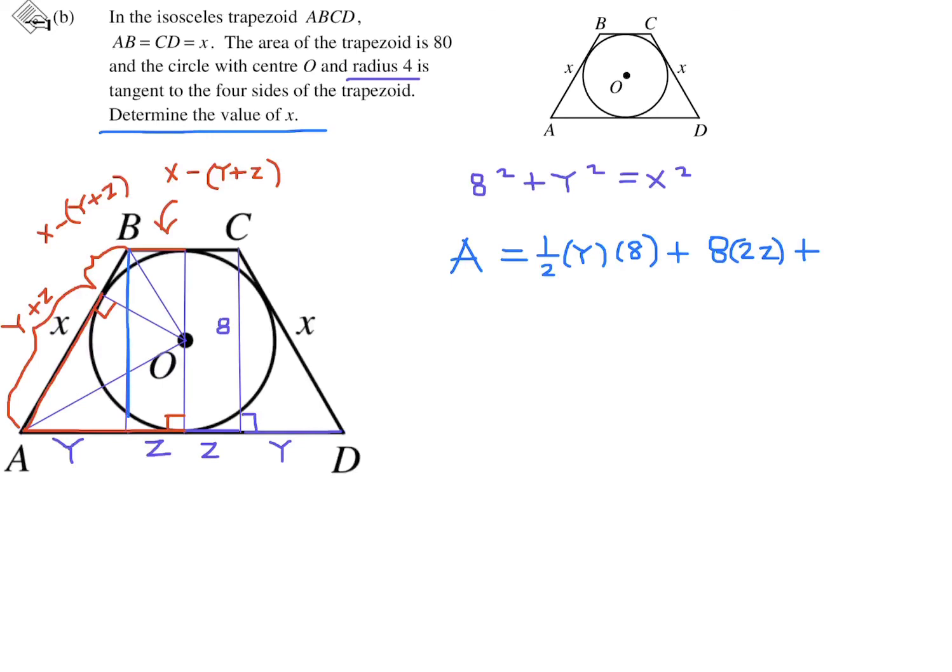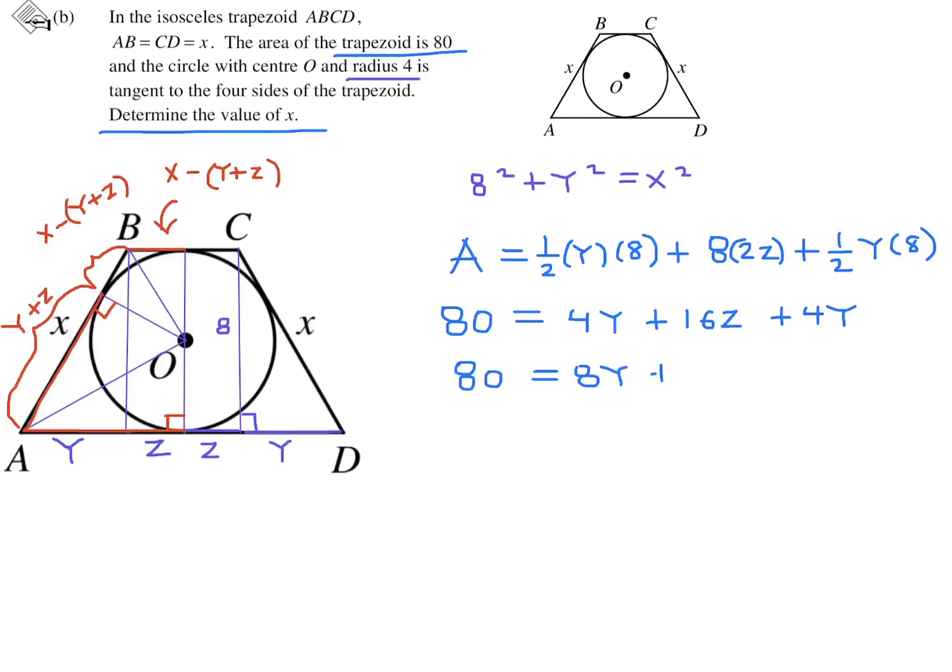And then finally this triangle right here at the end, which will be represented by 1/2 base times height, which is y times 8. And they've told you that the area of the trapezoid is 80. So all of this equals 80. So this becomes 4y plus 16z plus 4y. And therefore this becomes 80 is equal to 8y plus 16z.